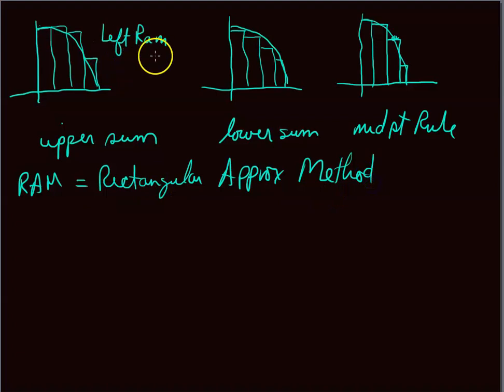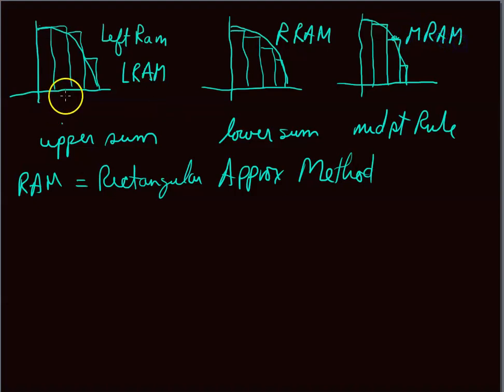RAM, not the RAM in the computer or anything. So lots of times they call this LRAM. Using the right side of the interval for your height is RRAM. And using the middle point is MRAM.